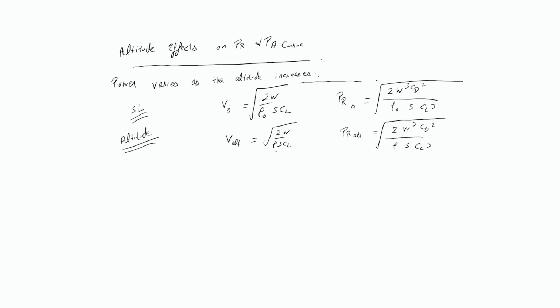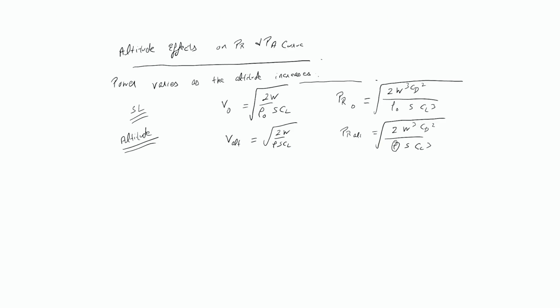Now as the altitude increases, what happens to the density? The density will reduce, and since density will reduce, the velocity required will be high. Similarly, at high altitudes, the power requirement will be high.